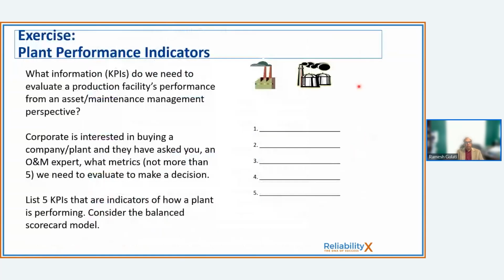Now, this is a question. I hope you have some understanding of performance metrics indicators. Your company is trying to buy a new plant, a plant which exists.